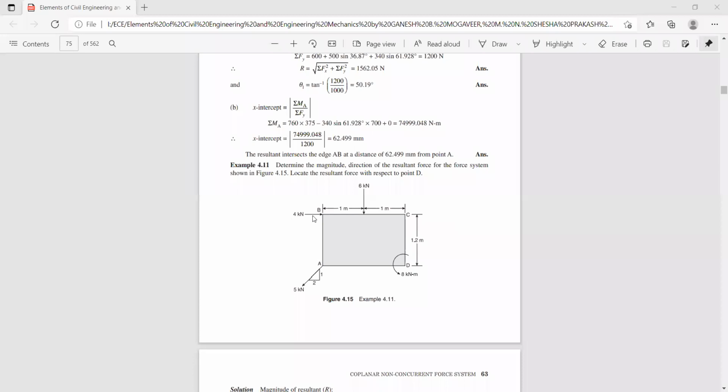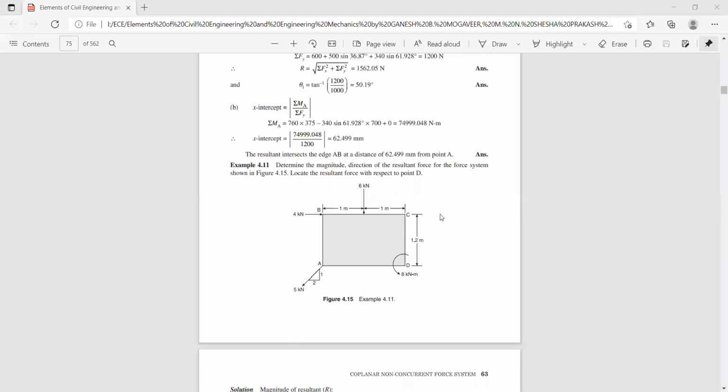And sigma f of y will be minus 5 sine 26.56 minus 6, since the 6 kilonewton force acts in the downward direction. So we get the values of sigma f of x and sigma f of y.